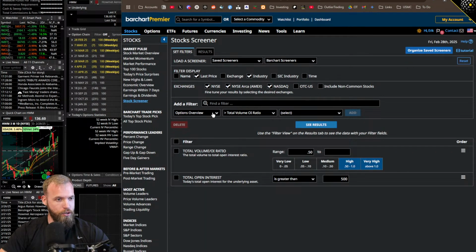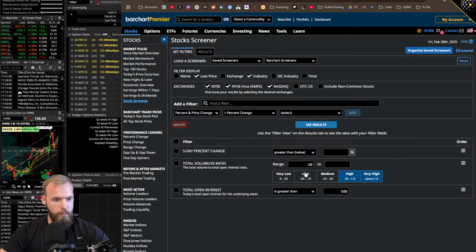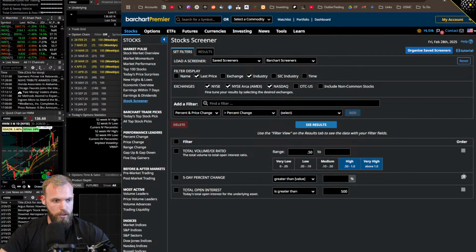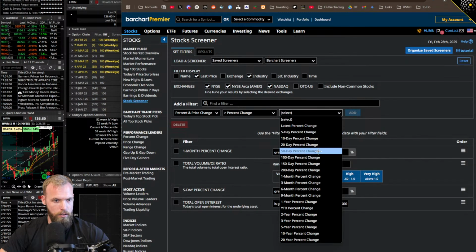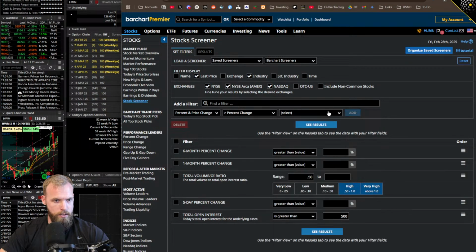And while you guys are seeing if you can come up with why that might be the case, let's add a couple more things while we're in here. We'll add 5-day percent change. We will add 1 month. We will add 6 months. We will add 1 year.